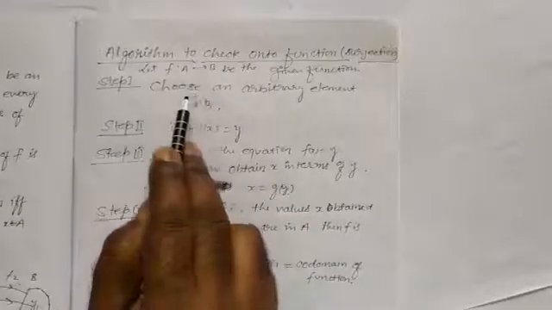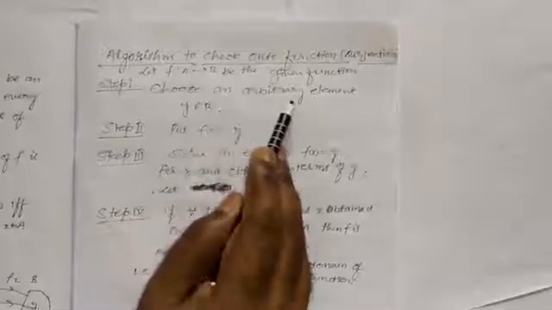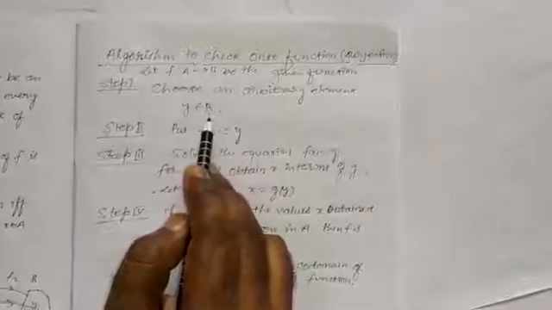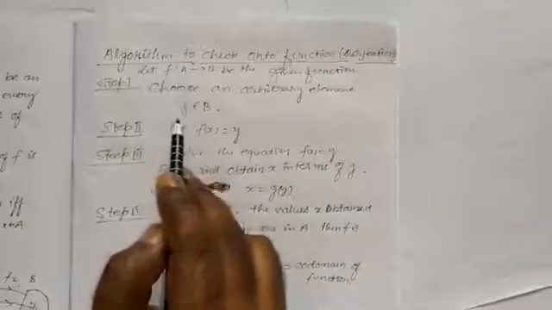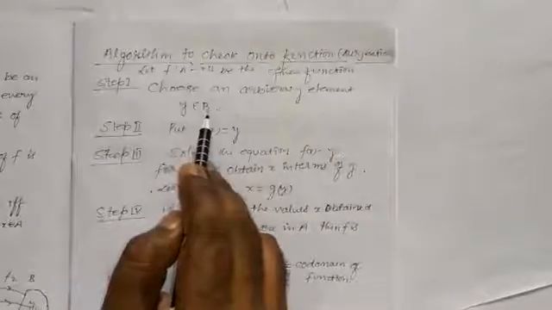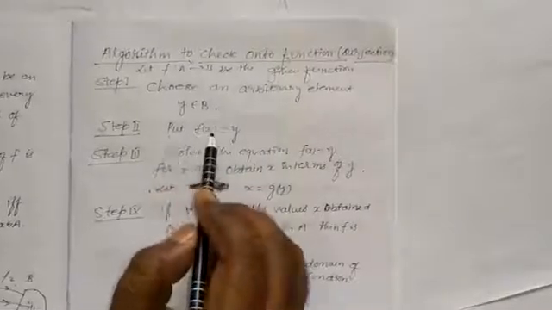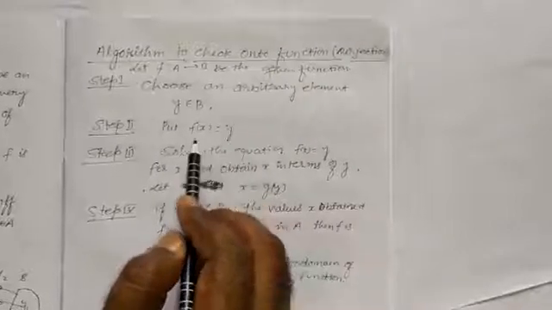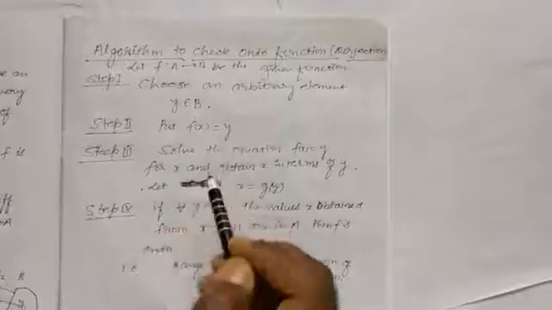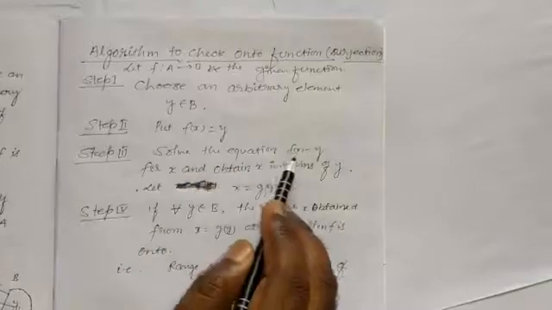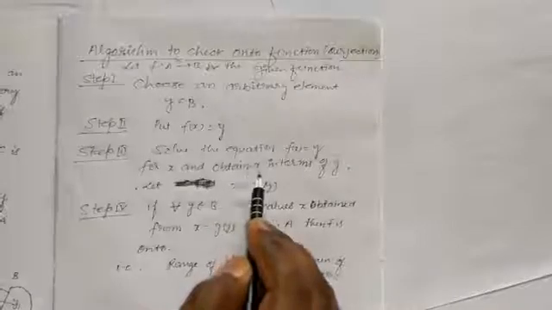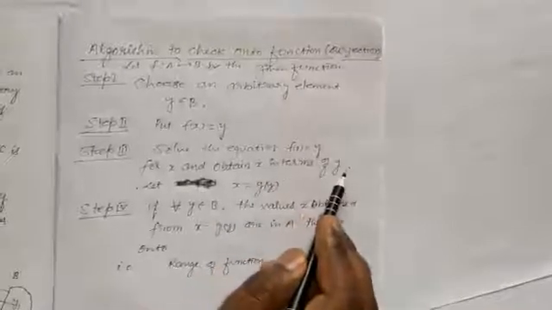First step, choose an arbitrary element y belonging to set B. In the second step, we write f(x) equals y, and solve this equation f(x) equals y for x, obtaining the value of x in terms of y.